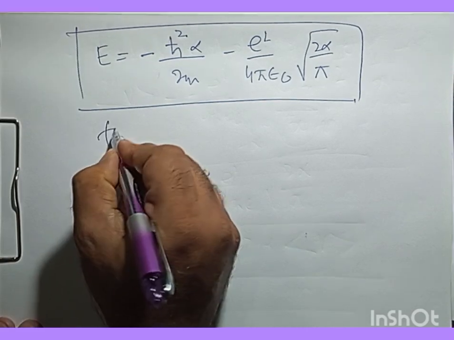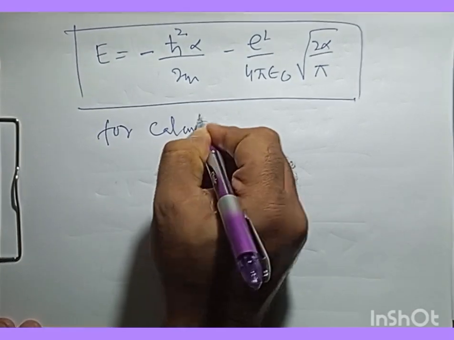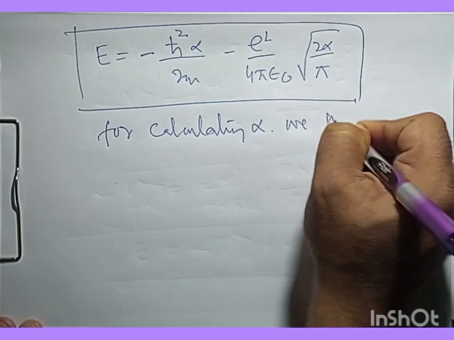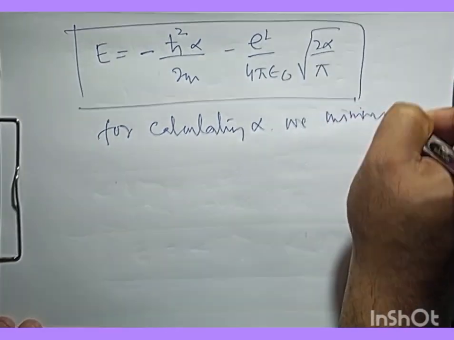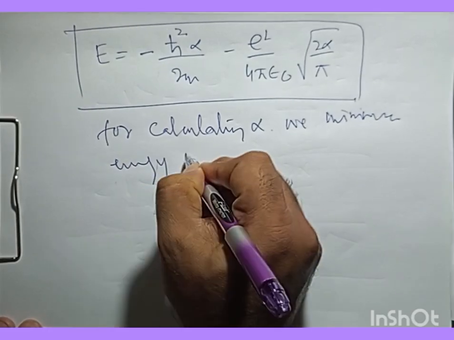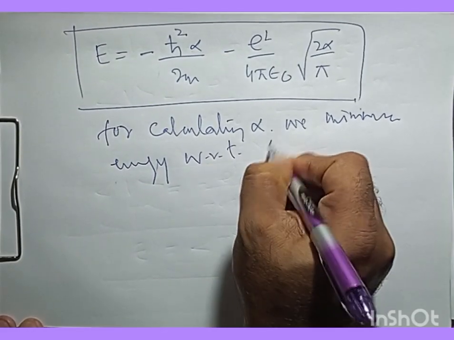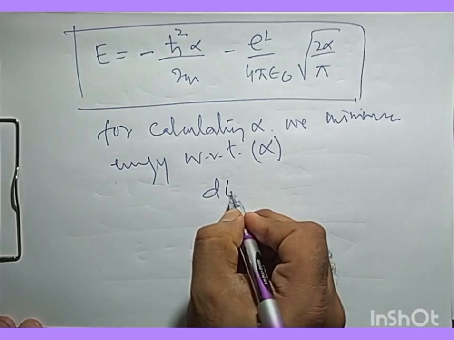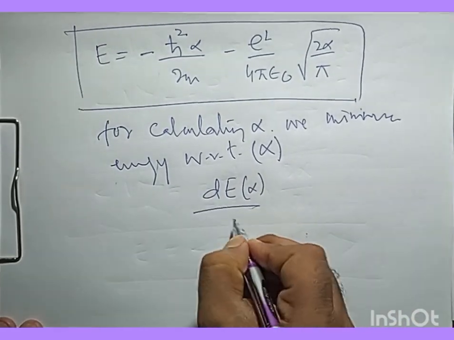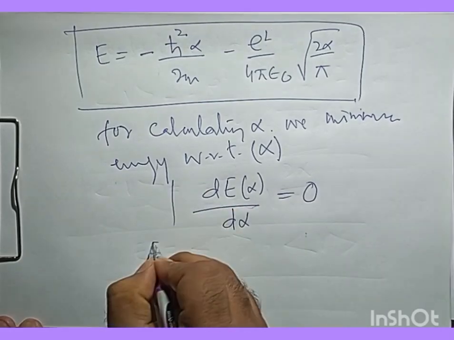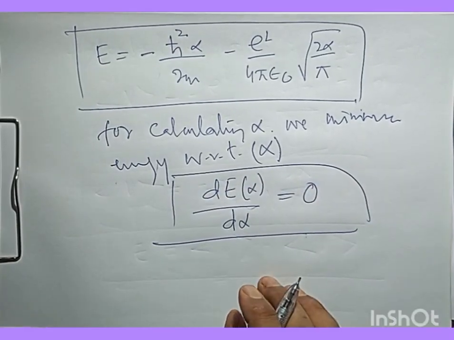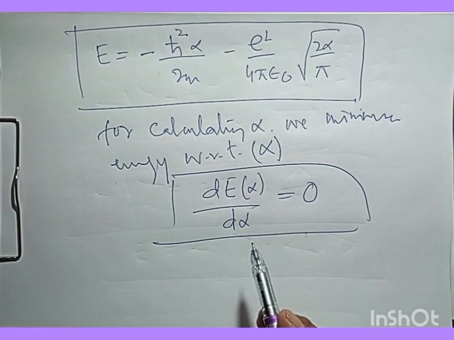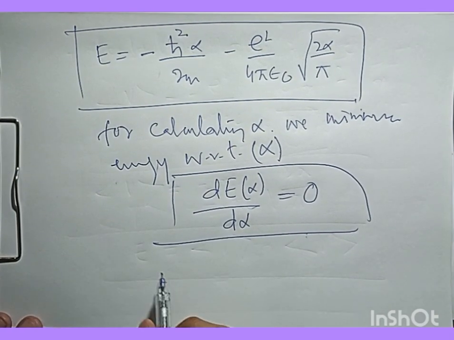So the derivative of E of alpha with respect to alpha must be equal to 0. And taking the derivative of this equation with respect to alpha is the easiest thing a person can do.